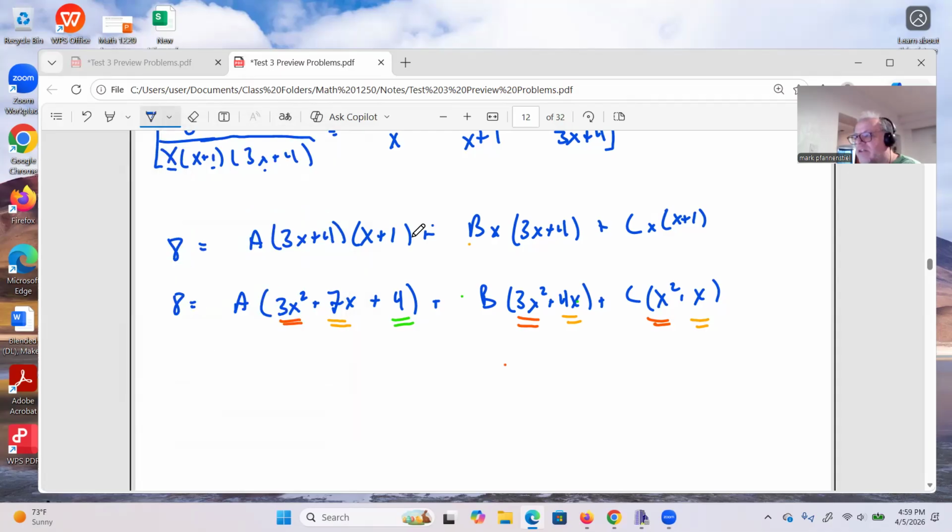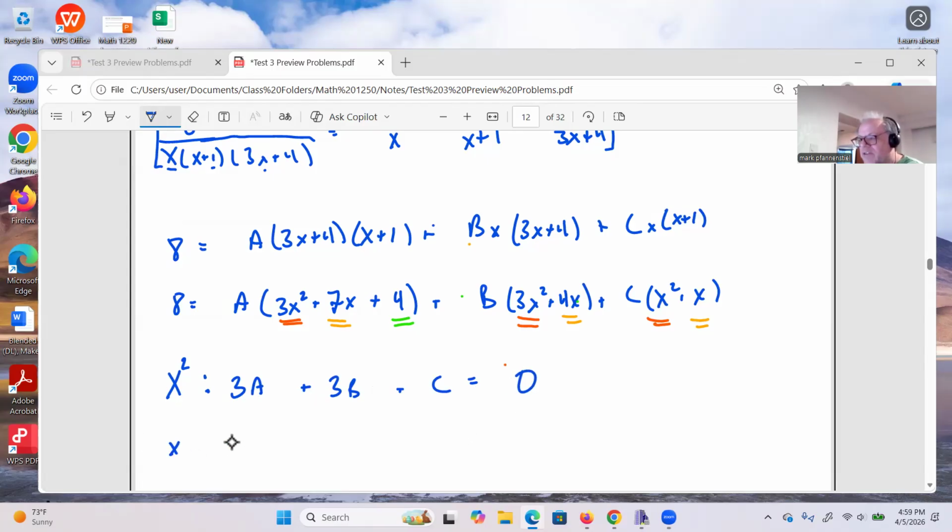I'd like all of the x squared terms equal to the right side x squared terms. There were 0 x squared terms on the left-hand side. It's just an 8. So let me break this down one more time: equate the coefficients. For the x squareds, we have 3A plus 3B plus C is equal to 0.